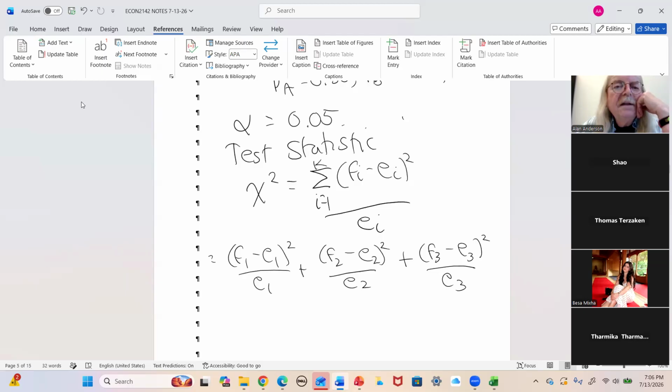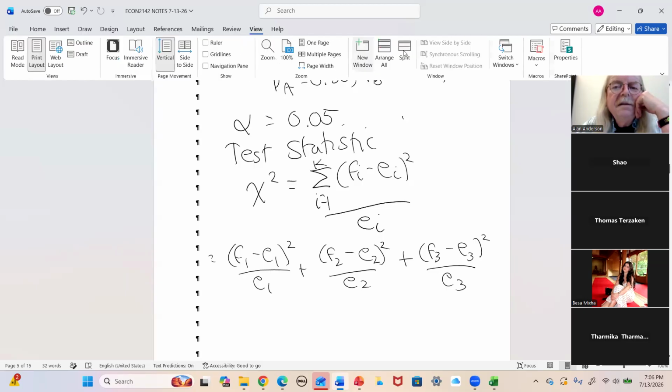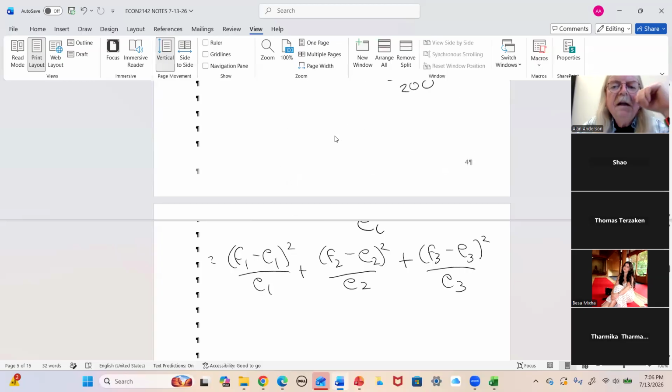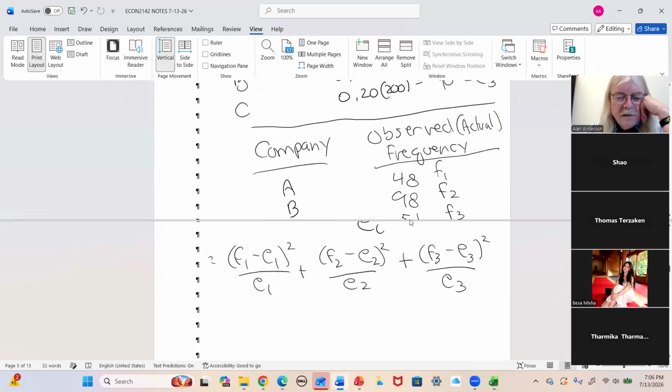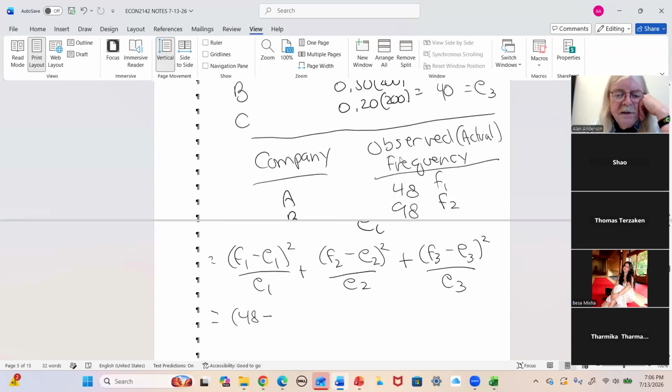Let me go get them from up here. So let's see, where are we? We've got 48 minus 60.